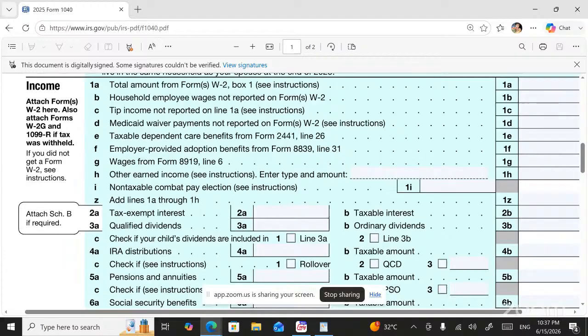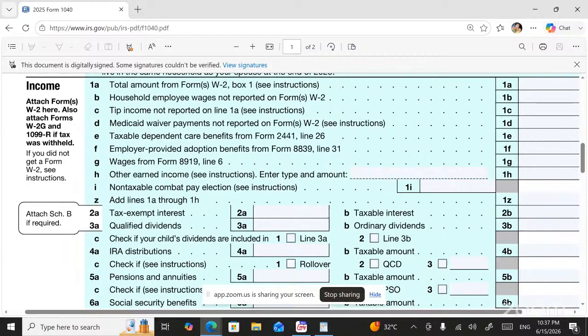At the time of payment, a W2G document will be prepared by the gambling organization. One copy is retained by the gambling organization, one copy will be forwarded to the IRS, and one copy will be given to the person who won the lottery, etc. This taxpayer has to include that income in his tax return, and the supporting document for that income is W2G, to be attached at the time of filing this return.